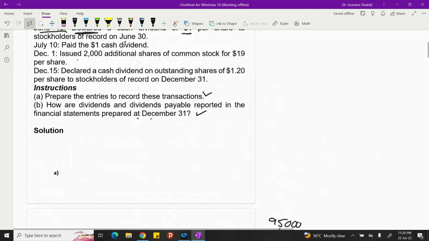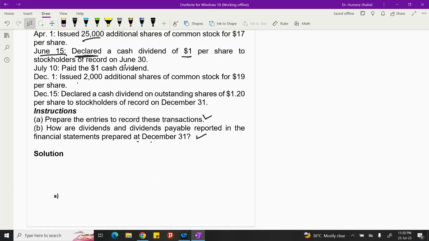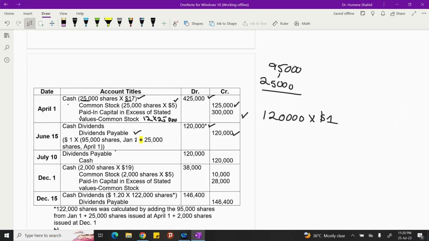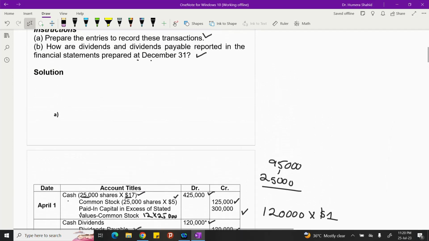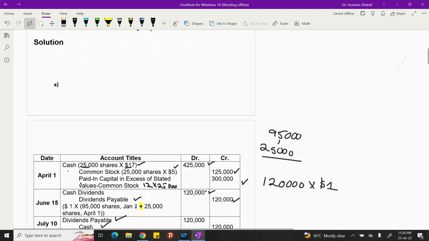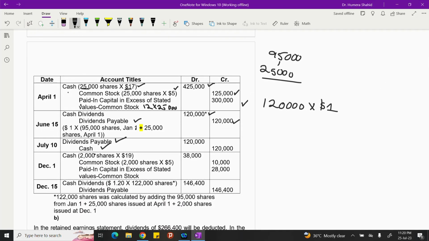Then what happened on July 10? They paid the cash dividend. So now dividend payable will be removed and cash will get credit. Here dividend payable gets debit and cash gets credit. Then on December 1st, issued 2,000 additional shares of common stock for $19 per share. Cash gets debit, 2,000 shares at $19, so 38,000.